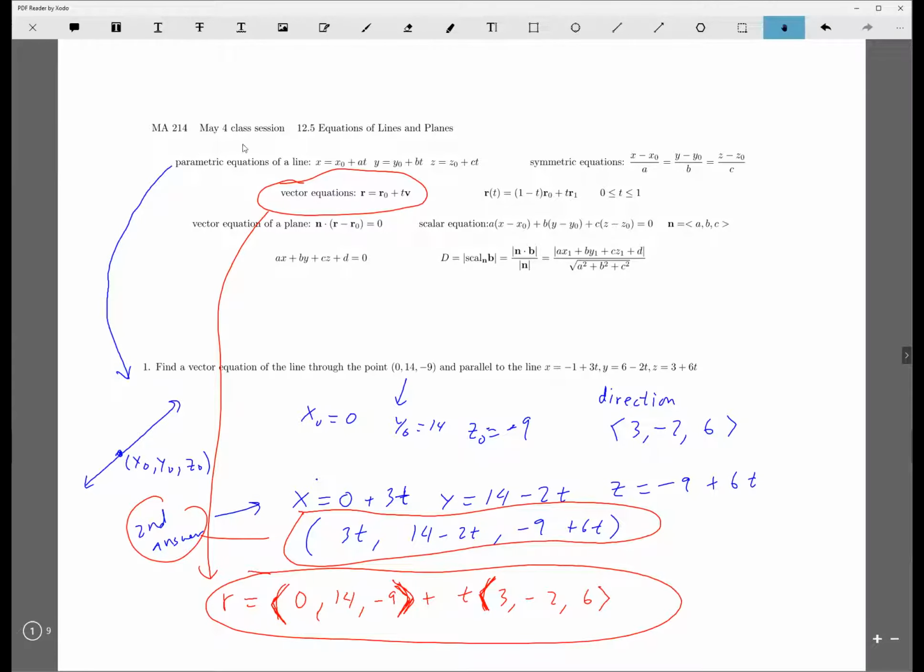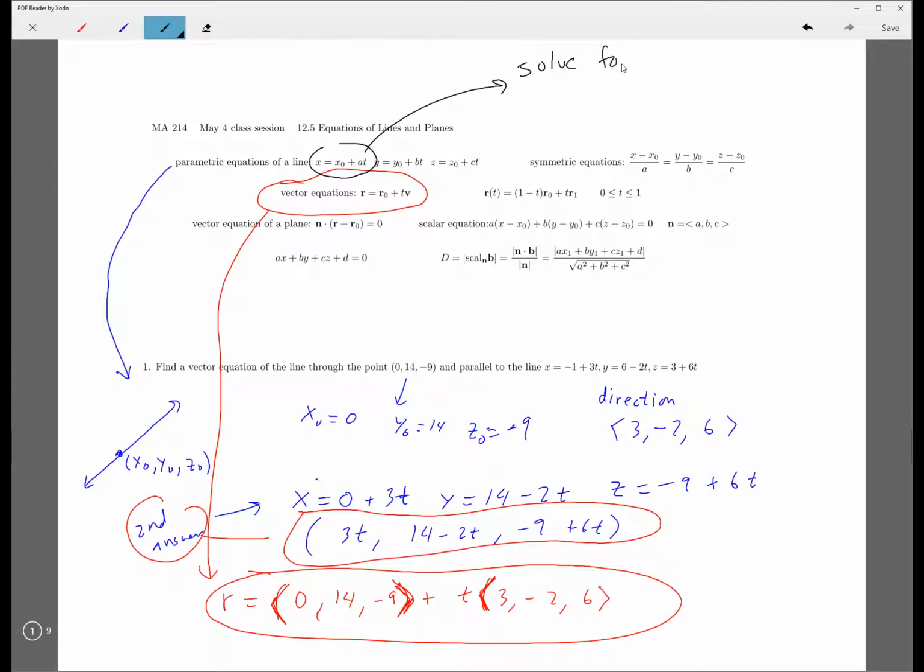So this is the parametric equation of a line, the vector equation of a line. This is the symmetric equations for the line. So what that is, if you take this, for example, and solve for t, then you're going to get x minus x0 over a, which goes right there.